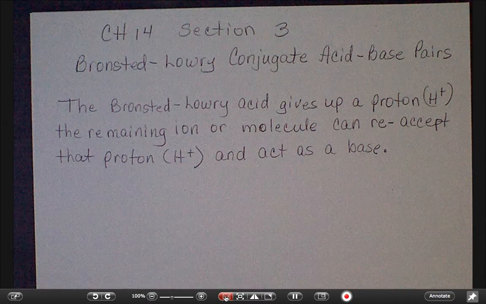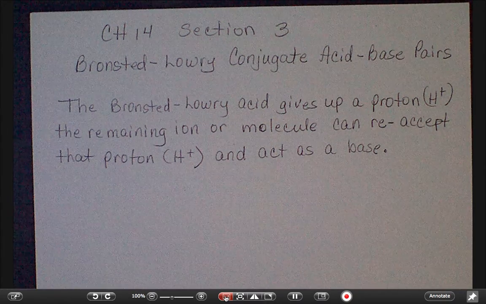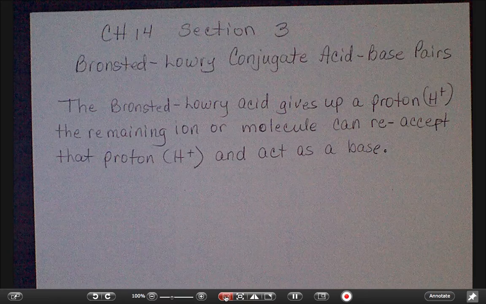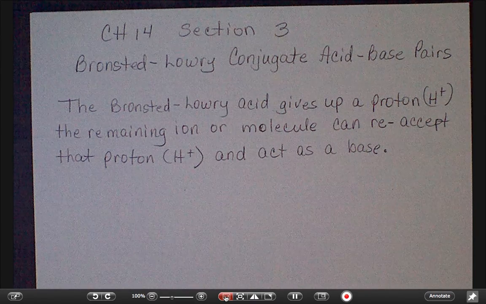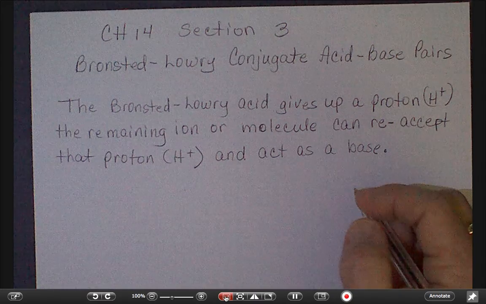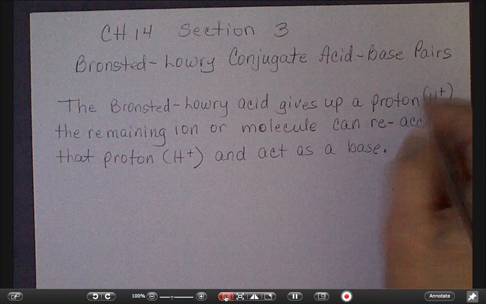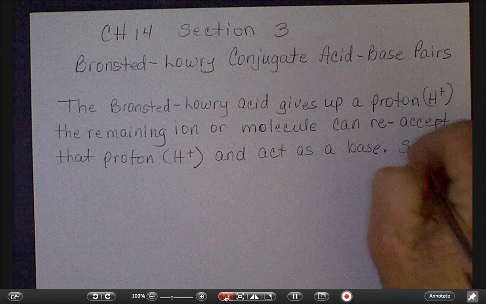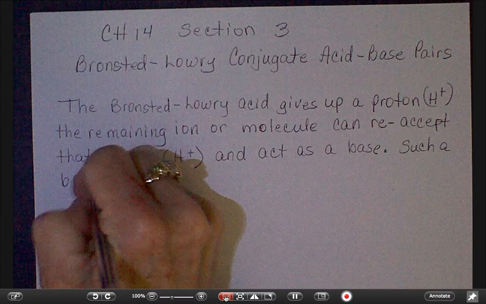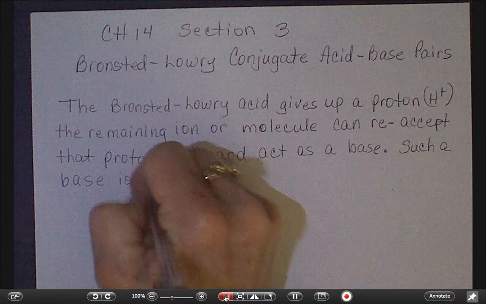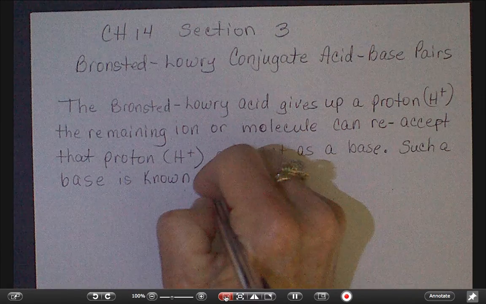Such a base is known as a conjugate base.